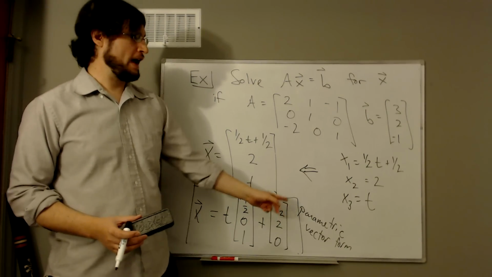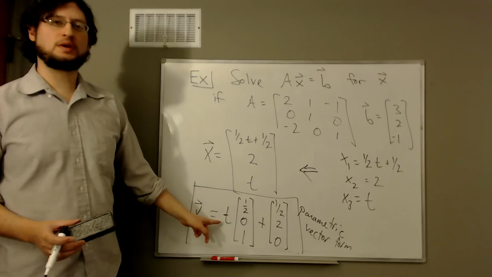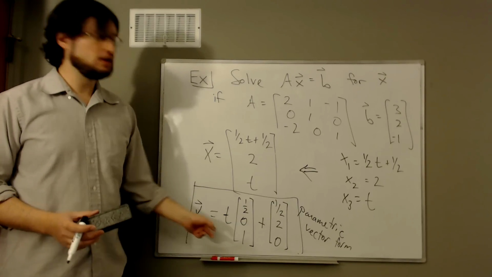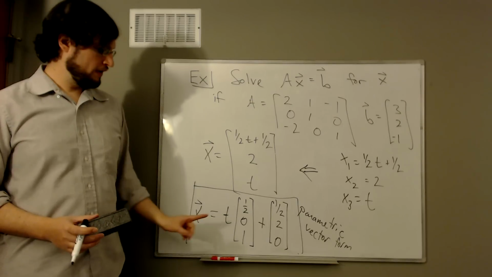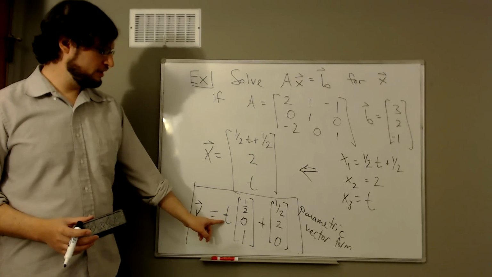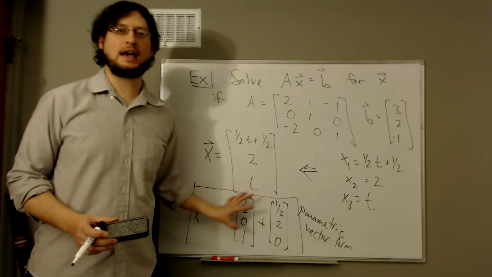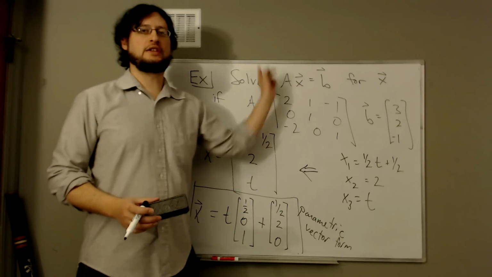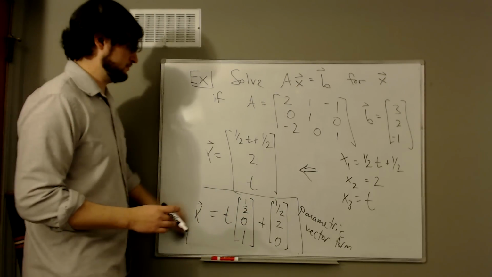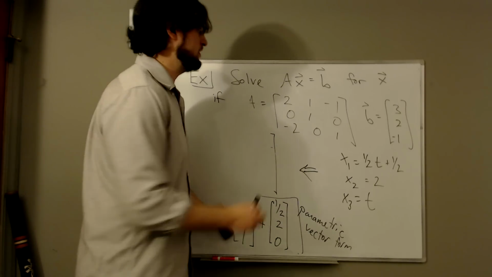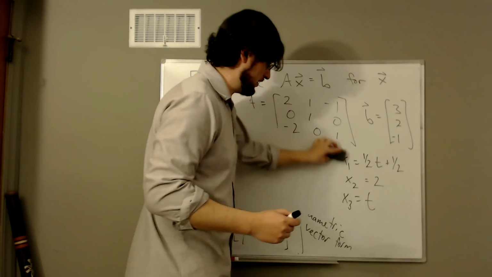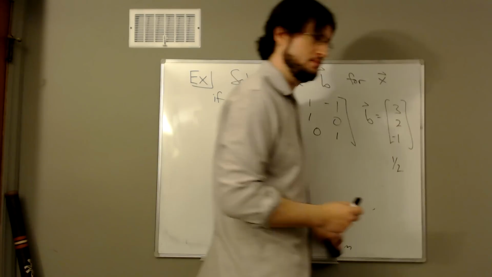The fact that we had a free variable means that we're going to have a variable in our answer. If I choose anything for t and plug it in here, then the x value that we get back will solve that equation. So as before, we say that this system is consistent because it has a solution.